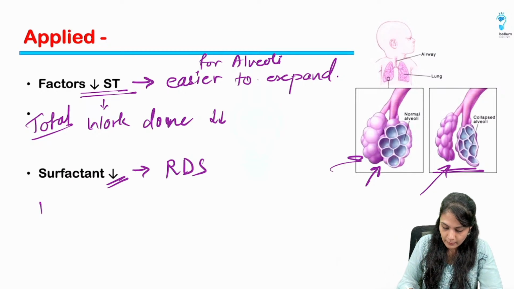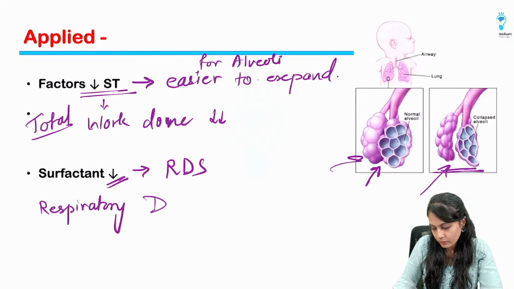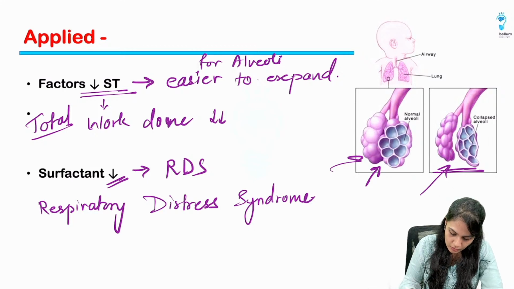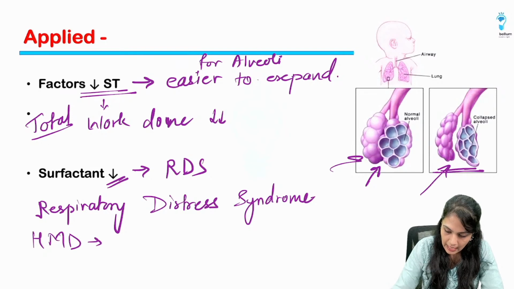So RDS is nothing but respiratory distress syndrome, and this is also called HMD, that is hyaline membrane disease.